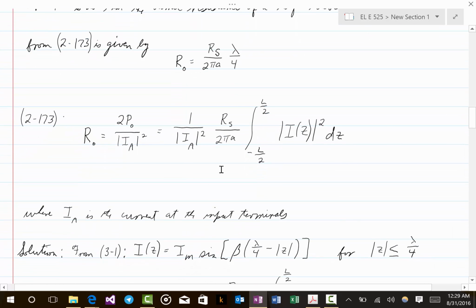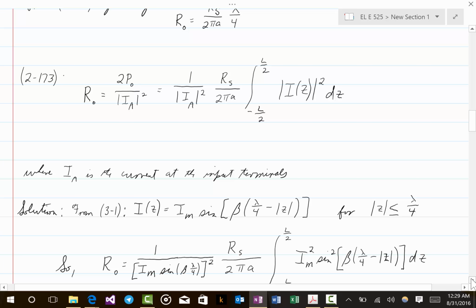Well, we're told to use equation 2-173, and 2-173 tells us that this ohmic resistance is equal to this expression right here, where this I sub A is the current at the input terminals of the antenna.